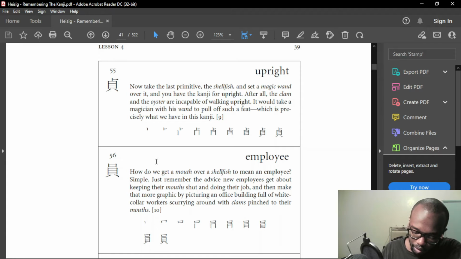But how do you get upright? So what was the story here? Oh, they're incapable of walking upright. So using the wand, they cast a spell on them, then they can walk. So this shellfish with the wand casts a spell to walk upright.